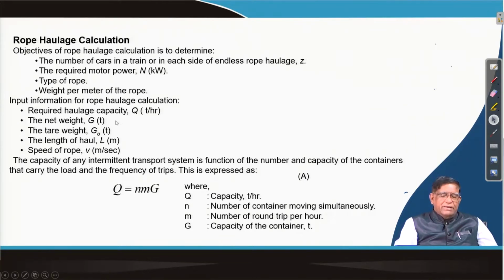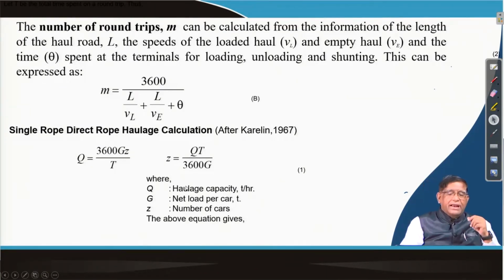These things will give you the capacity in tons per hour, calculated from how many cars there are, how many trips they have made, and how much material the container takes, the net weight of the material. If you multiply that, it will give you the capacity. So the calculation is very simple in that way.